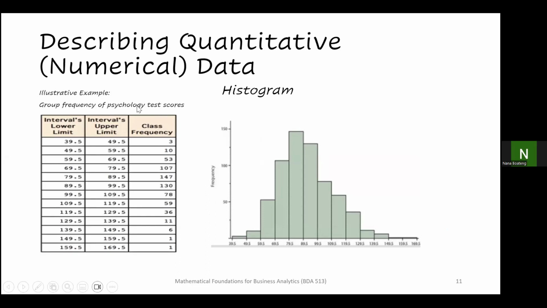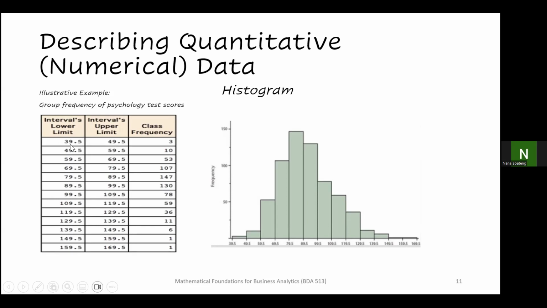Let's say we have scores of a test, psychology test scores. For each bar, we have the lower limit and then the upper limit. So that is the groupings.